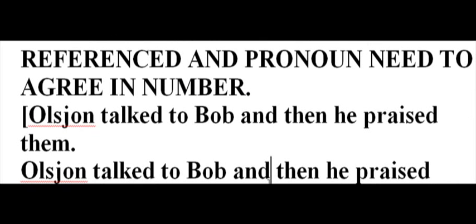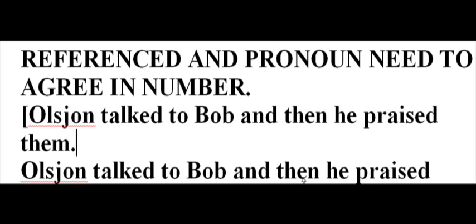Referenced and pronoun need to agree in number. Again, this is all about that consistency we were talking about. So we can say, Olson talked to Bob and then he praised them. But does that make any sense? Bob is a noun, them is a pronoun. Bob is the referenced and them is the pronoun.